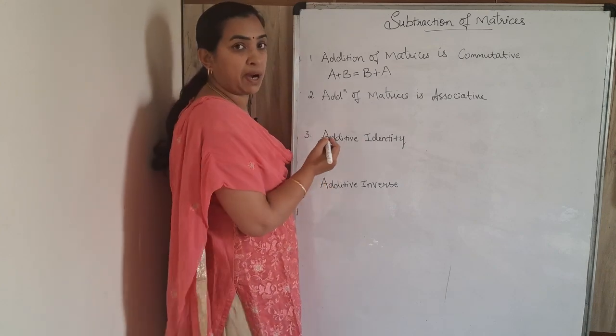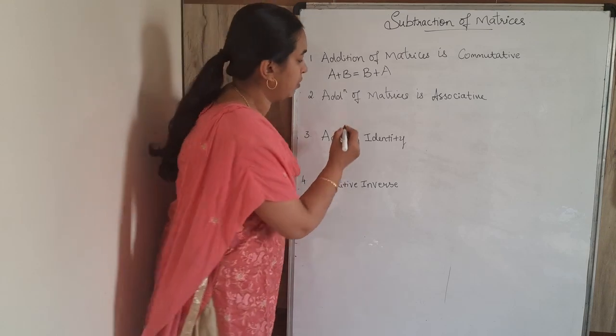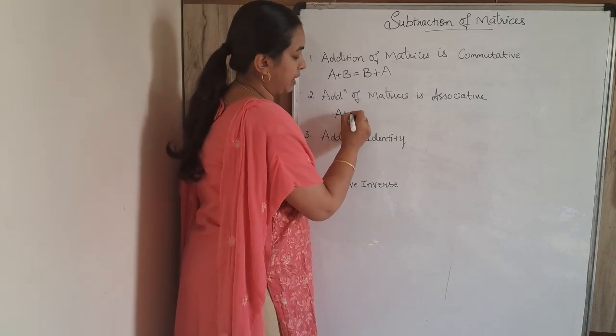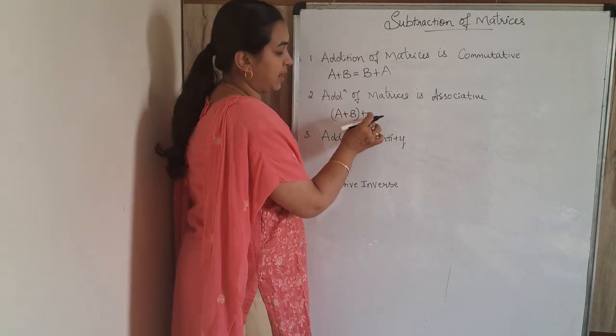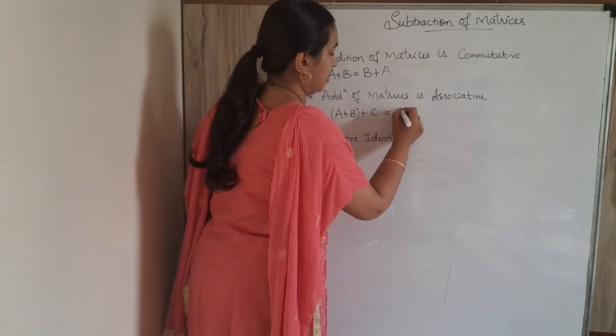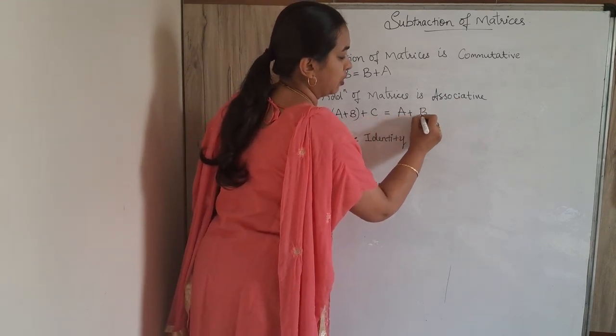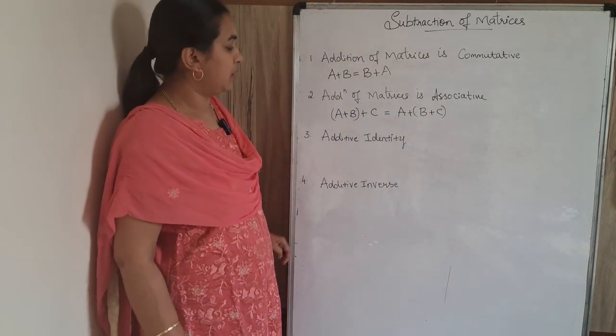That is, if three matrices are given and you are asked to check whether it is associative, you just need to add the two matrices A and B, then for that resultant matrix, add a matrix C, and you can check that it will be equal to A plus of B plus C as well.